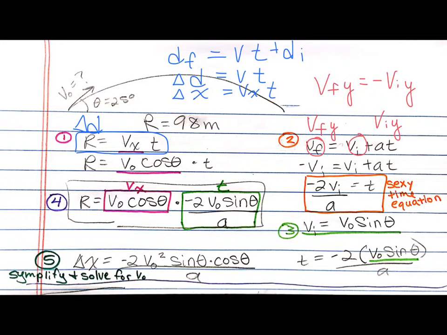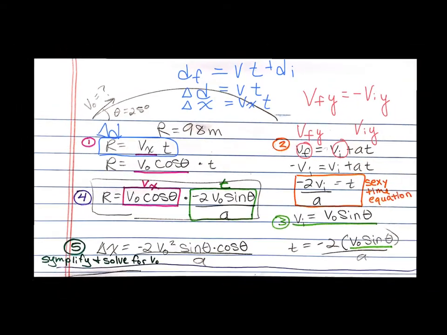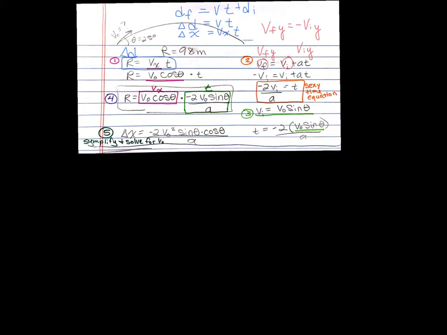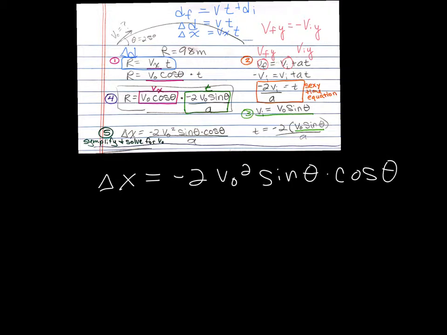And if you're good from here on how to solve this, then great. If you're still not totally sure what you would do next, I'll go ahead and go through the next steps and you can watch. Okay, so I have delta x is equal to negative 2 V naught squared times sine of theta times cosine of theta, all of that divided by A. The easiest thing for me to do at this point would be to just get rid of my acceleration.